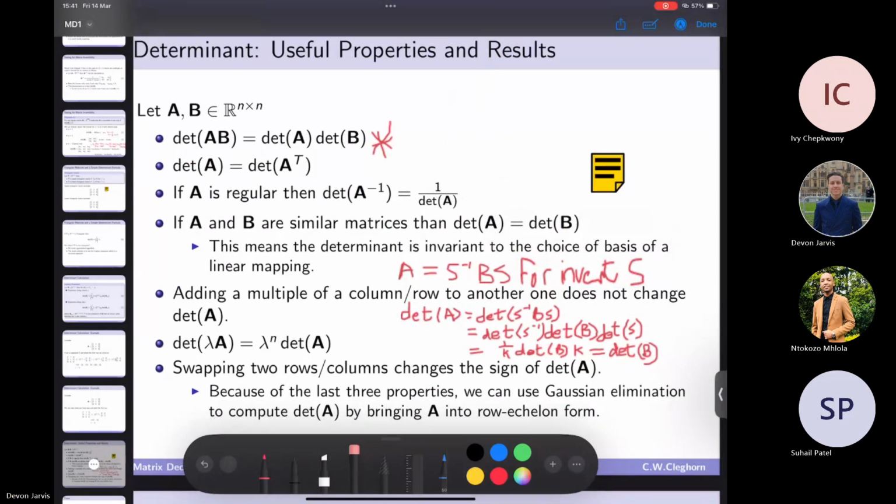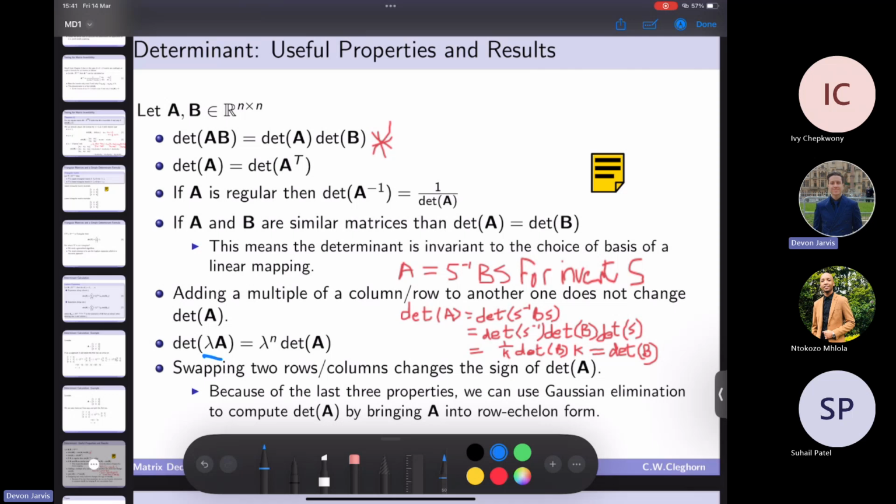Adding a multiple of a row or column to another one does not change the determinant. Again, we can do row echelon form, and we know that's also a change of basis, so from the previous point, that doesn't change it.